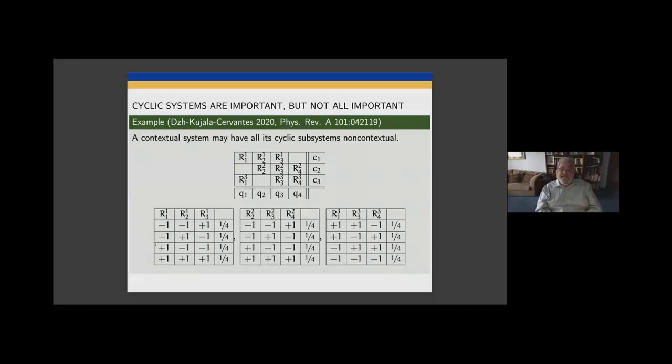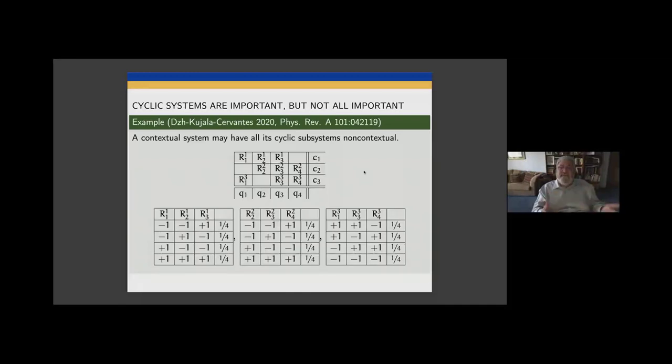One might be tempted to say that if you have a large system, for example, this system is not cyclic, right? But it contains cyclic subsystems. So one might be tempted to conjecture that a system is contextual if and only if it has a cyclic subsystem that's also contextual, right?